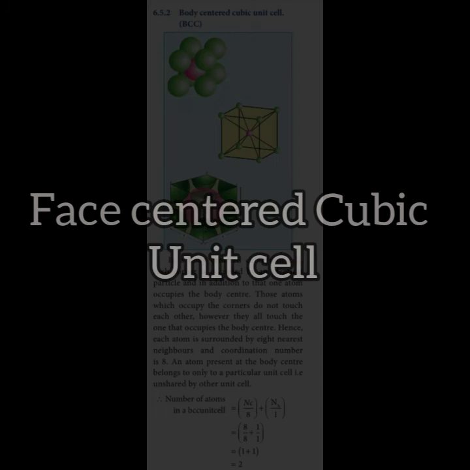So Nc by 8 plus, if one atom is present at the body center, it cannot be shared by any other unit cell. So Nb by 1, where Nb is equal to 1, because the number of atoms in the body center is only 1. If you substitute, 8 divided by 8 plus 1 by 1 gives 1 plus 1, which is 2. So in a body-centered cubic unit cell, the total number of atoms is 2.